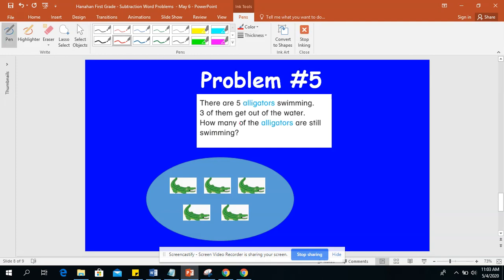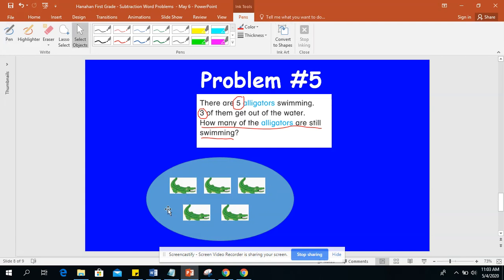Well, let's underline the question. How many of the alligators are still swimming? And let's circle important information. So we know there are 5 alligators swimming, and then 3 of them got out of the water.